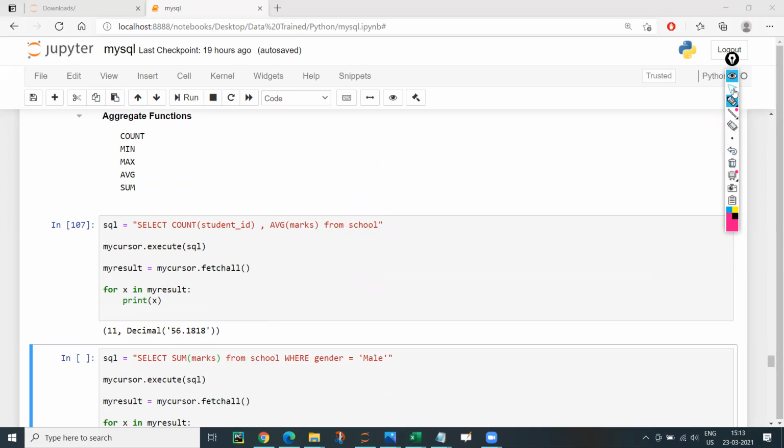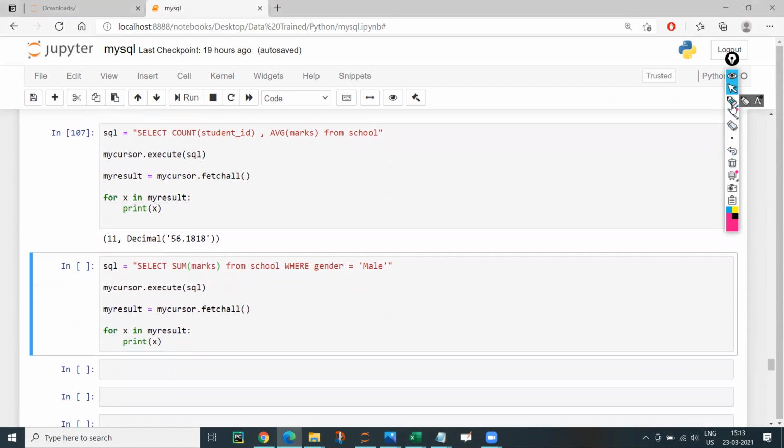And the next one, let's see, we have a SQL select. Here I am looking for the total marks, so I'm going to use sum of marks from school.